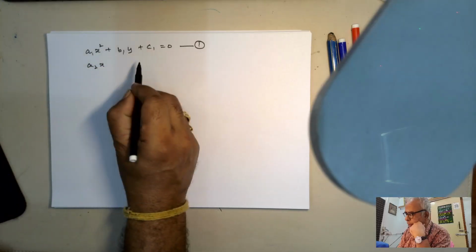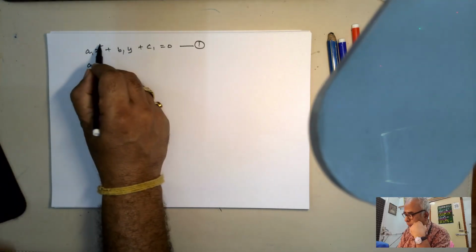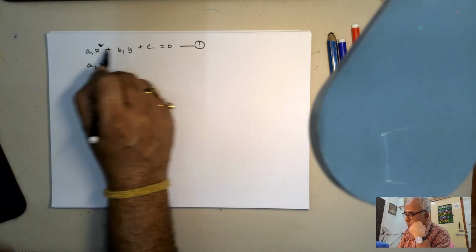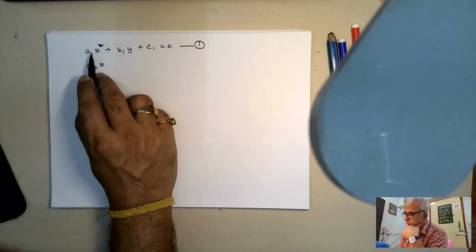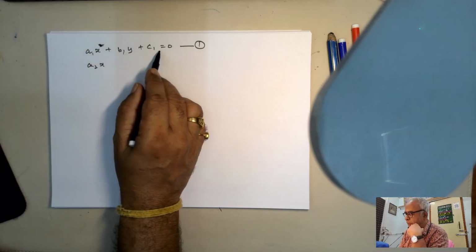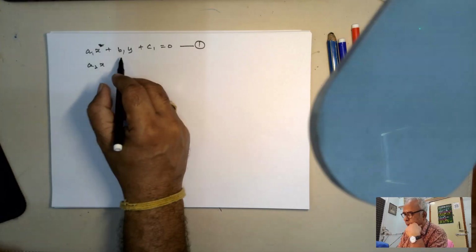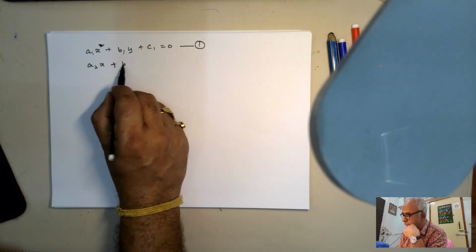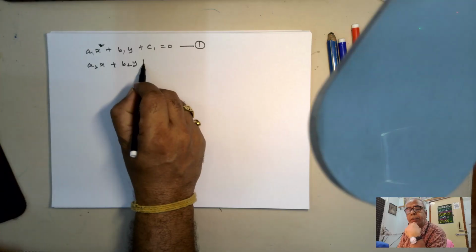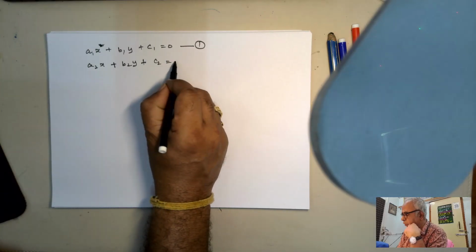This is not a quadratic equation; I am simply representing two equations. a1x plus b1y plus c1 is equal to 0, and a2x plus b2y plus c2 is equal to 0.